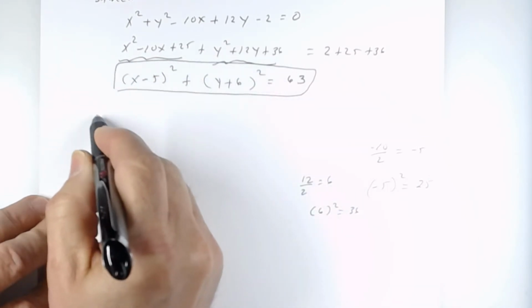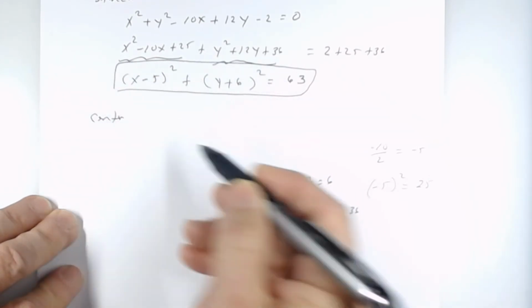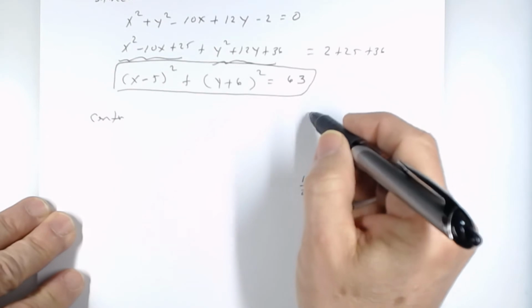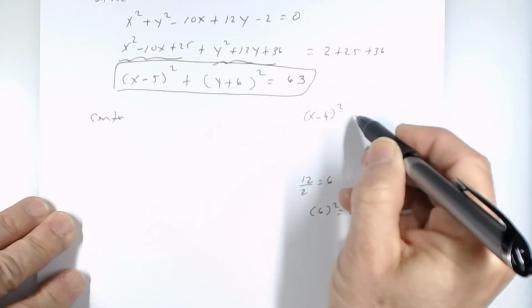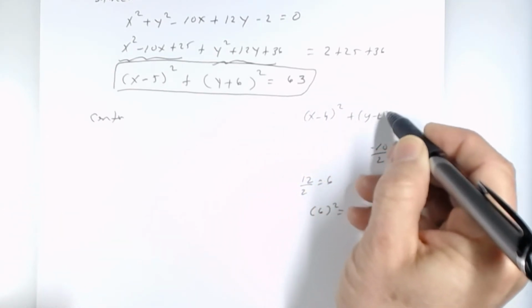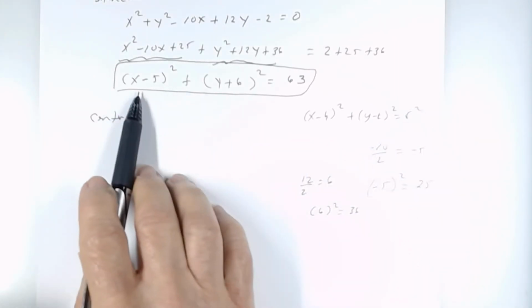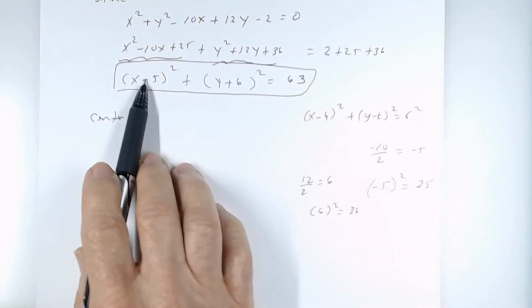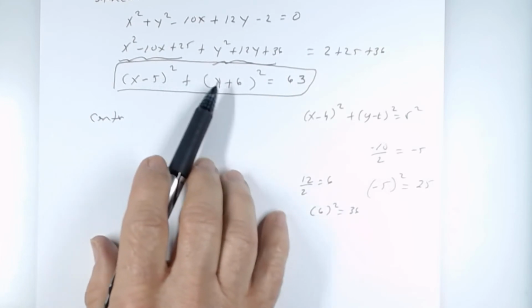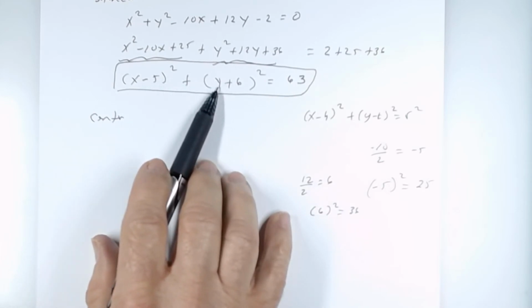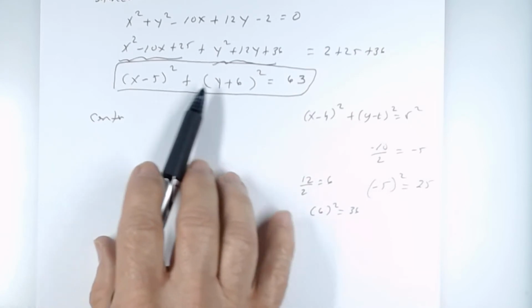From standard form, you can determine the center. Remember, the equation of a circle in standard form is x minus h squared plus y minus k squared equals r squared. Some of you are looking at this and saying that the center is negative 5, positive 6. It is not. What's the center? 5, negative 6.